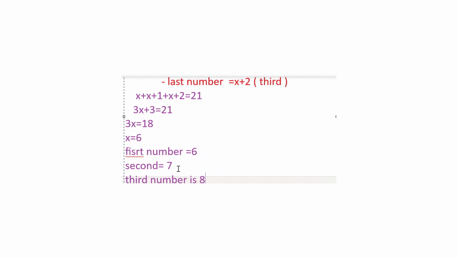So make the sum and you will see it is equal to 21.